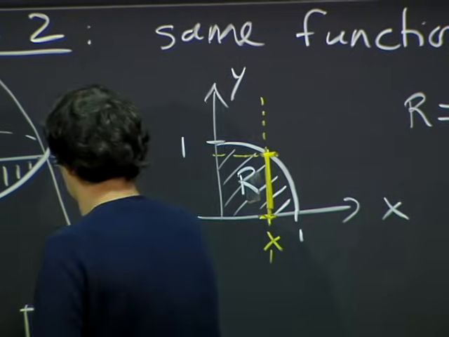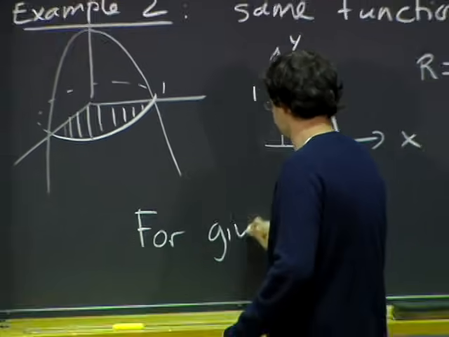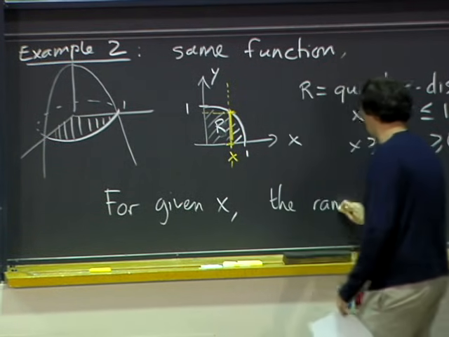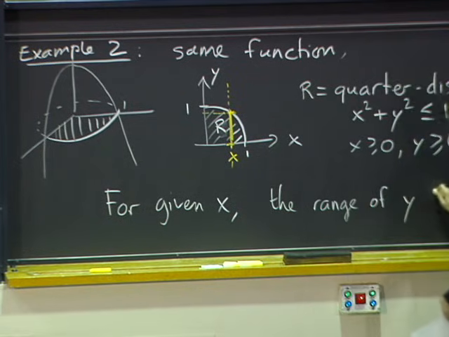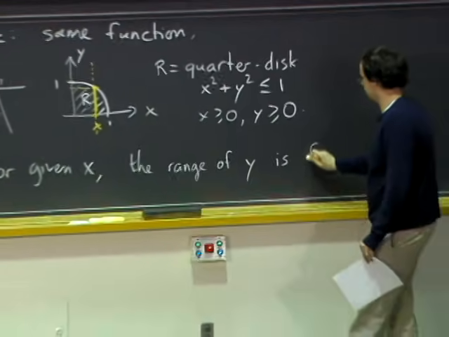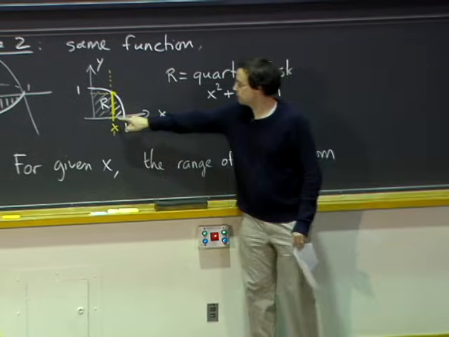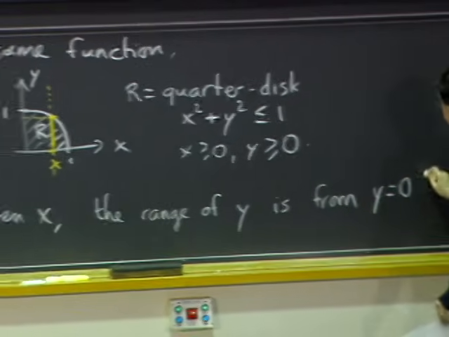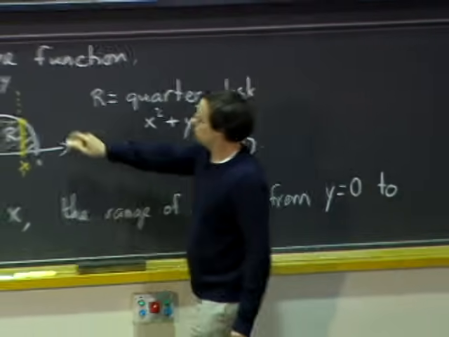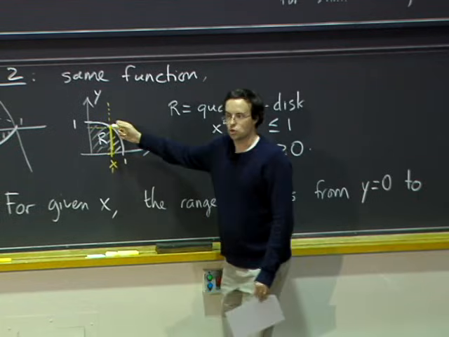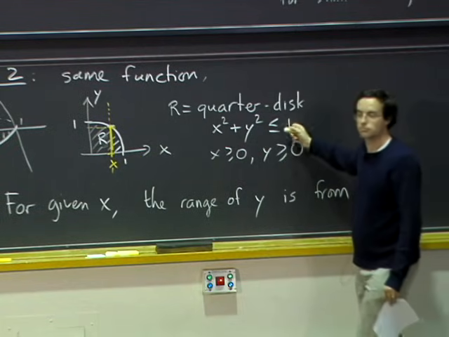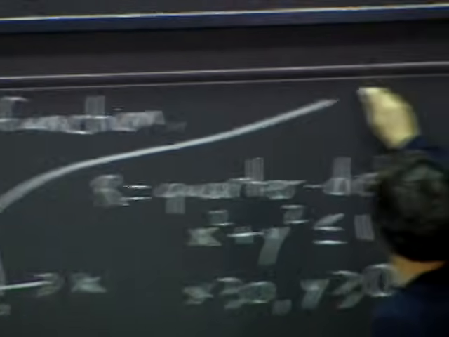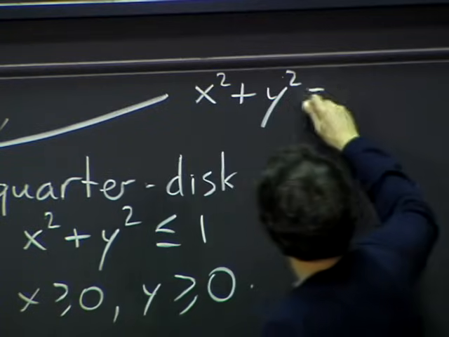So for a given x, the range of y is, well, what's the lowest value of y that I will want to look at? It's still 0. From y equals 0 to what's the value of y here? Well, I have to solve in the equation of a circle. If I'm here, this is x squared plus y squared equals 1.